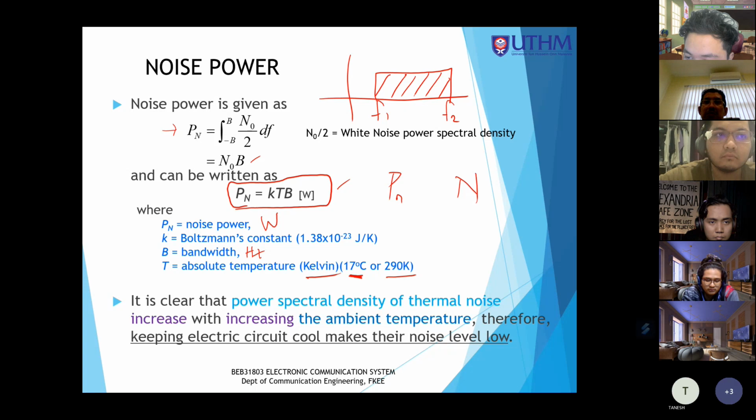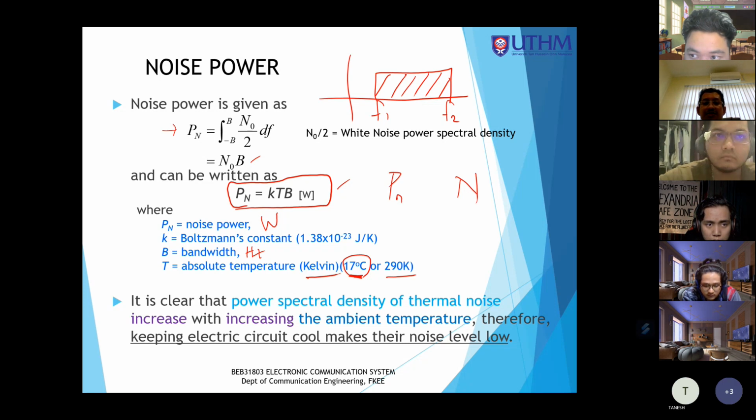Okay, so again dalam exam atau test biasanya kami akan berikan berapakah ambient temperature. Okay, sometimes it is 17, sometimes other than 17 degrees. Okay, so for your information, in these lecture notes we are referring to the Wayne Thomasi's book yang mana dia punya ambient temperature adalah 290 darjah Kelvin.